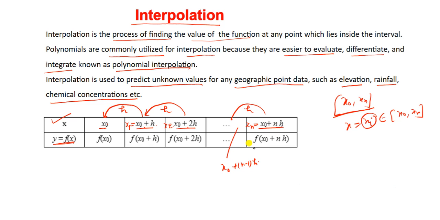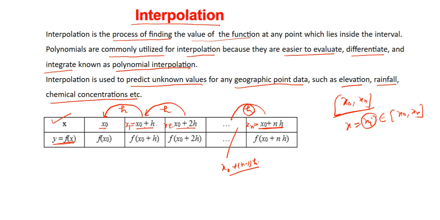That is, when we subtract, that is compute the difference between the arguments x naught plus nh and x naught plus n minus 1 of h, we obtain the interval difference h. So this is the data for equally spaced intervals.